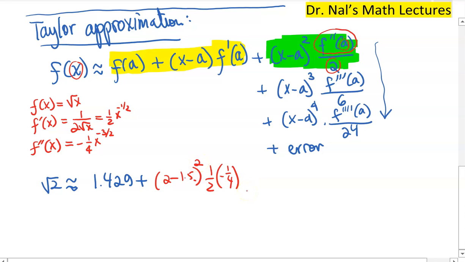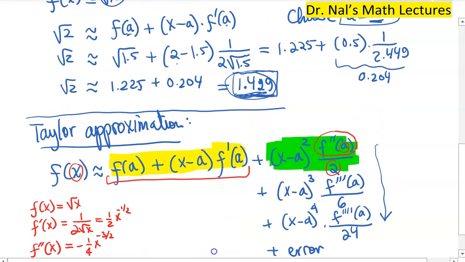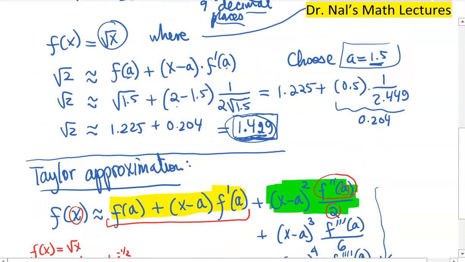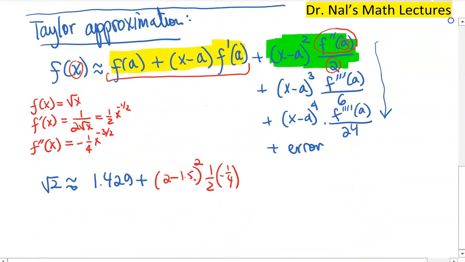So plugging in the value of 2, just like we did over here, right? So our value of a is 1.5, and so basically our calculation of x is based on that value of a.